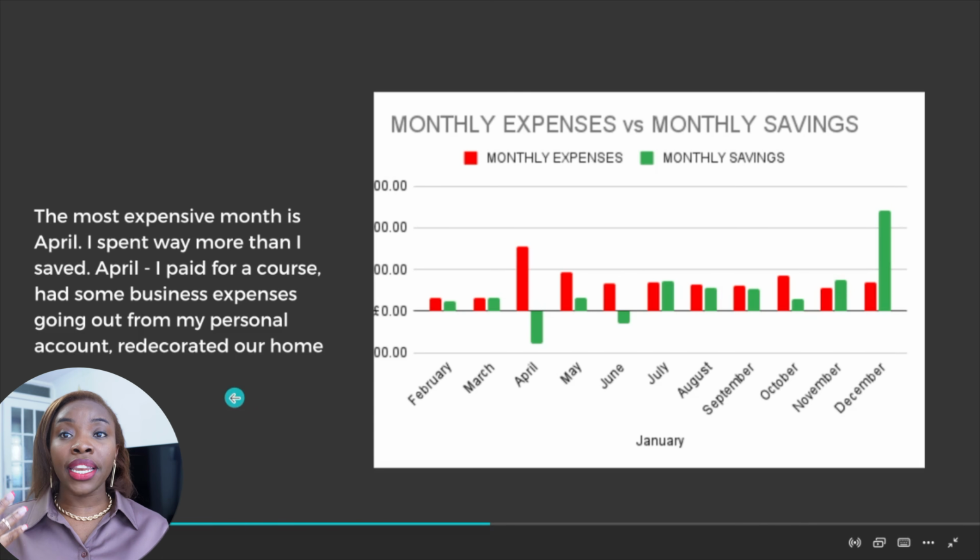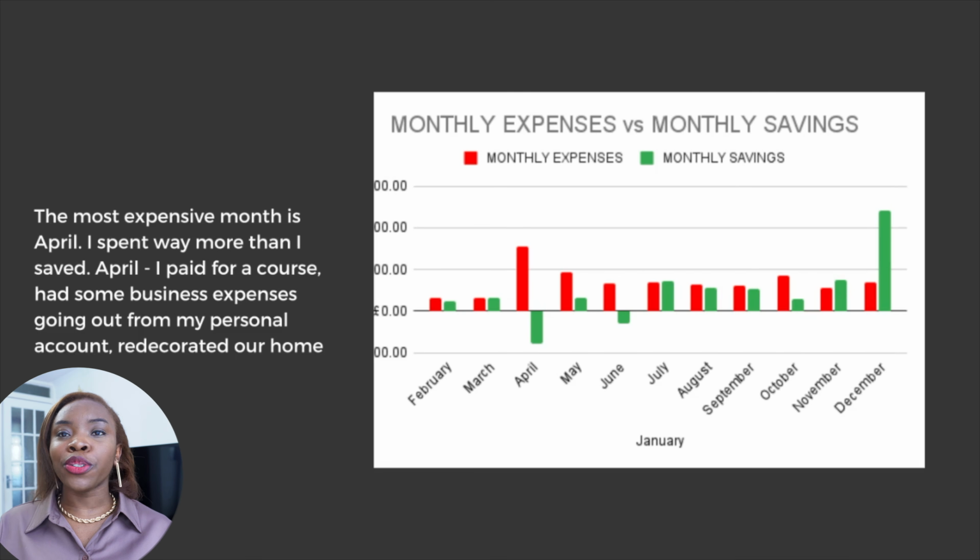I mean, I had separated it before, but when I started earning from my side hustle in pounds, I did not have a separate pounds account for my business. So there was a lot of mixing of my personal funds and my side hustle funds. That also made April a very expensive month. So those were the reasons why April was so expensive, and I literally did not save any money.